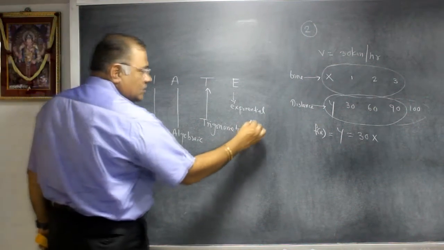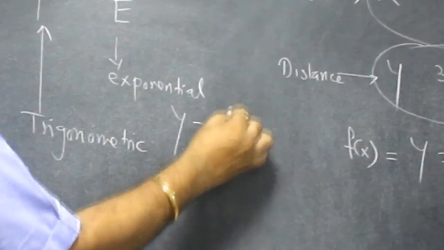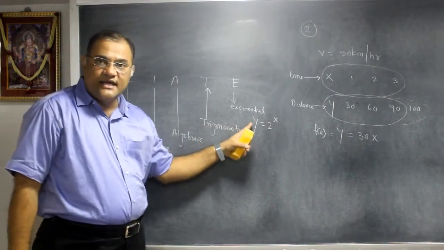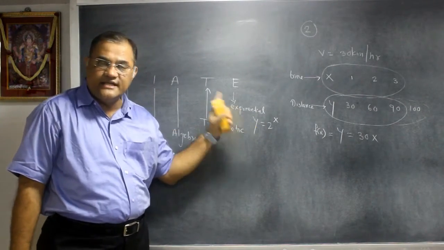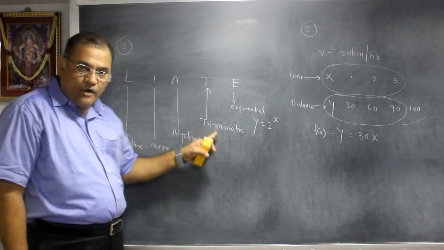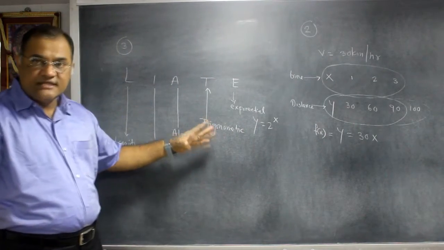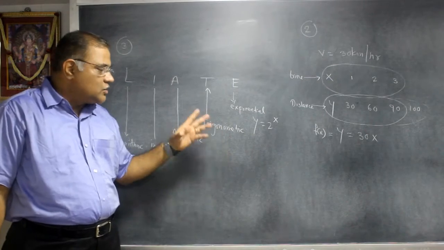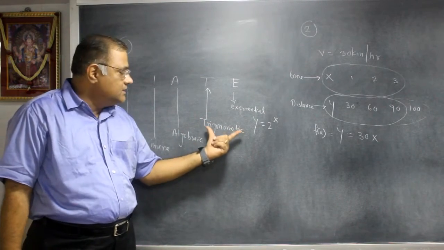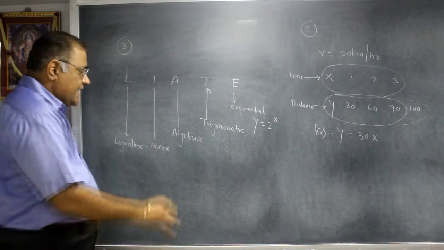एक्सपोनेंशियल का एग्जांपल दे दूं, y is equal to 2 raised to x. x या y सर के ऊपर जाके बैठा तो that is called as exponential function. Trigonometric, sin, cos, tan, sec, cosec, cot का कौन सा भी टर्म अगर इक्वेशन में आ गया तो trigonometric function.